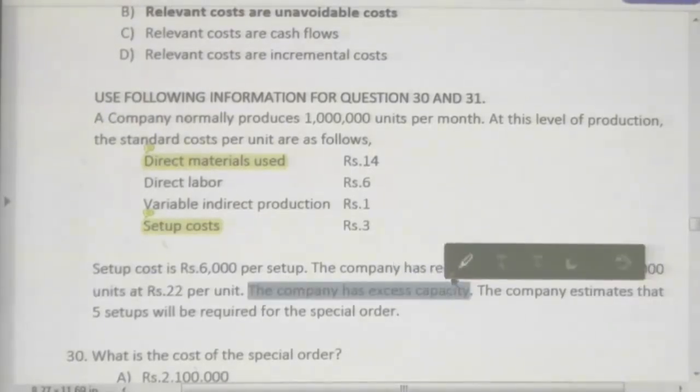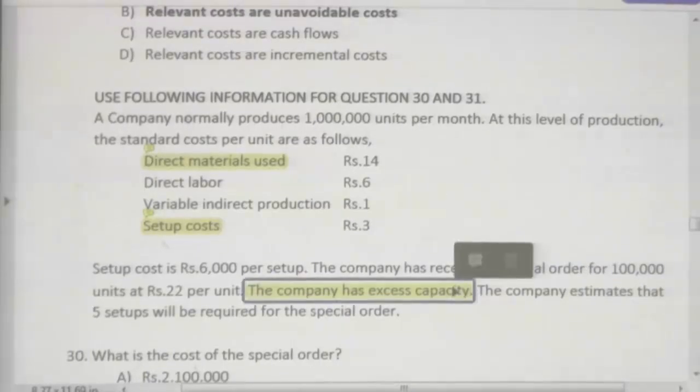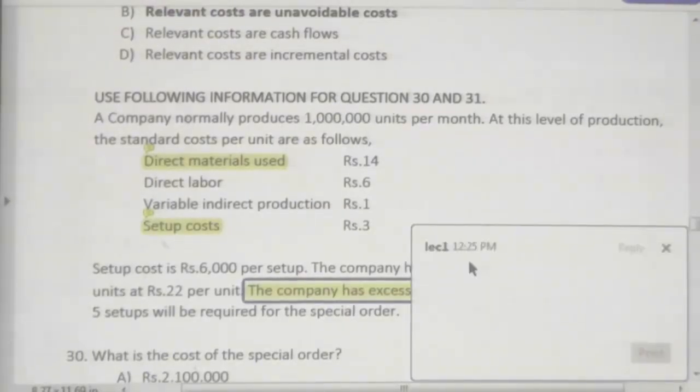They have excess capacity, which means the company can produce the special units, that is 100,000, without increasing their fixed cost.